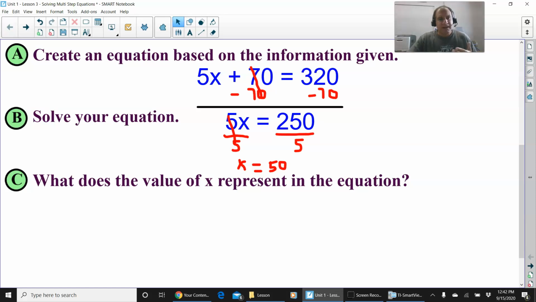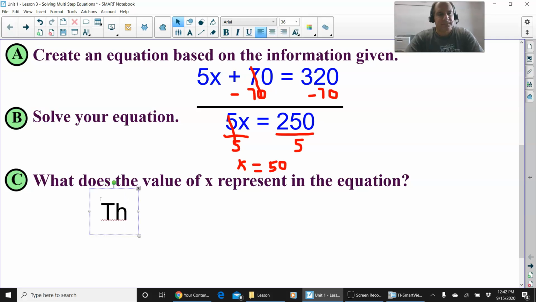So what does the value of x represent in the equation? We know that x equals 50, but that doesn't tell us what it represents. It's basically what the electrician is paid per hour.